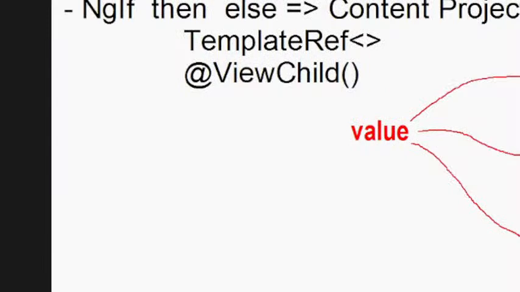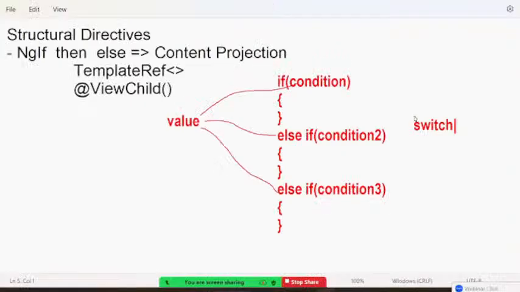Yesterday we saw content projection for a lot of images. So that is not a great idea. If 2, 3 are there, it's okay. But if there are many, then better use switch.